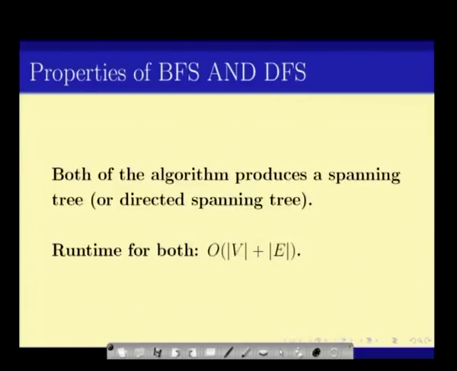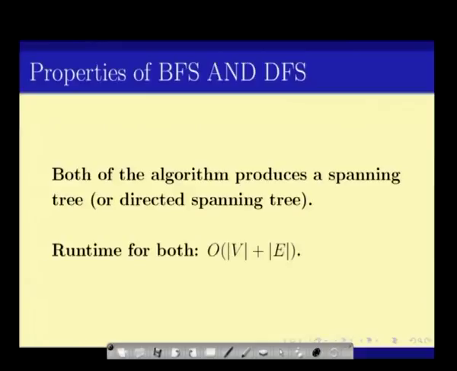First of all, both of these algorithms can be used to produce a spanning tree. You recall that both the algorithms finally end up picking some set of edges and not picking some set of edges. The set of edges picked will give you a spanning tree of the graph, or a tree that touches every vertex in the graph, and it does it in a runtime which is linear in the size of the input.